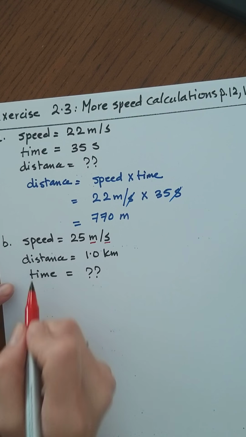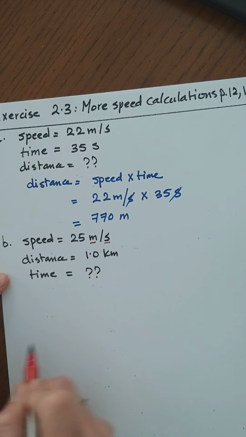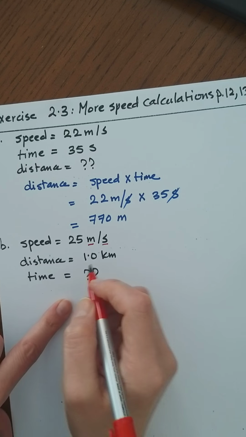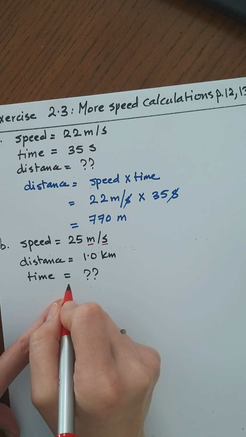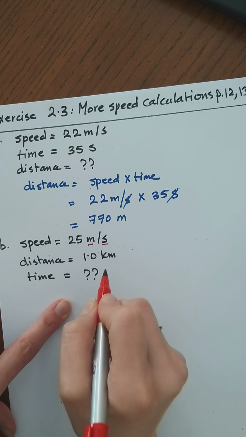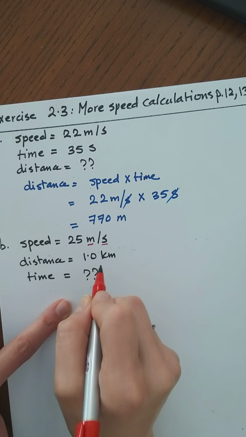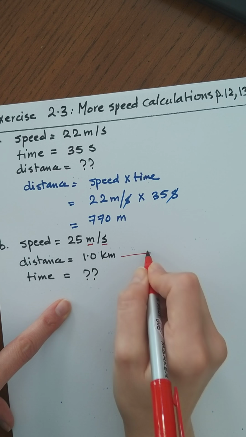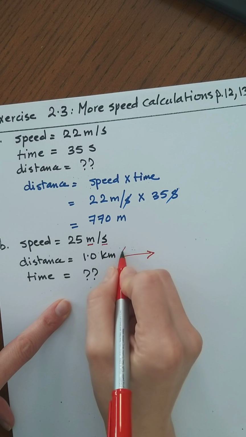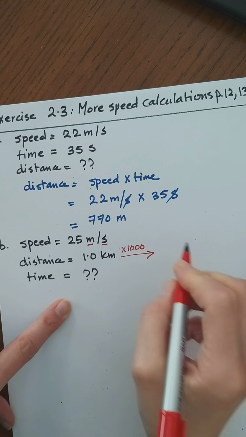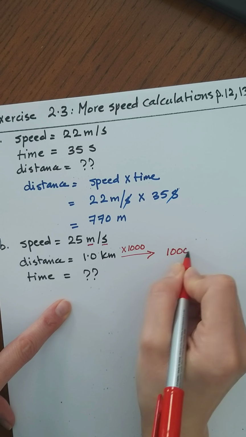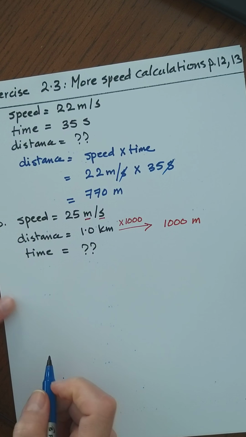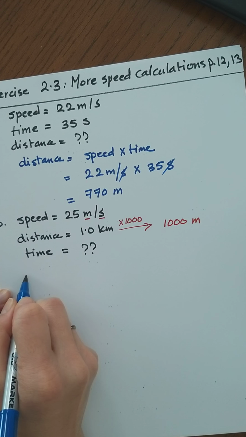So our distance here is given in kilometers. Before we do anything, we need to convert it to meters, because we cannot use different units of speed or of distance in the same formula. So 1 kilometer, we need to convert it to meters, multiply by 1000 equals 1000 meters. Now we rearrange the speed formula. We need to calculate time.